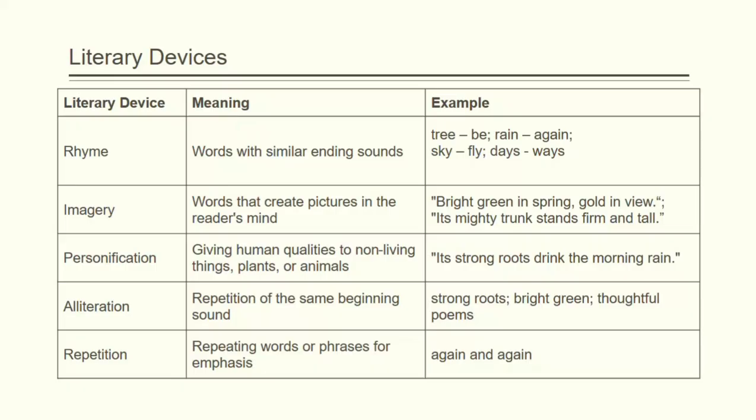Again, the ending of rain sounds similar to the ending of again. Sky, fly. Similarly, you can see that the ending of sky sounds similar to fly. Another word is days, ways. So the ending of days sounds similar to the ending of ways.